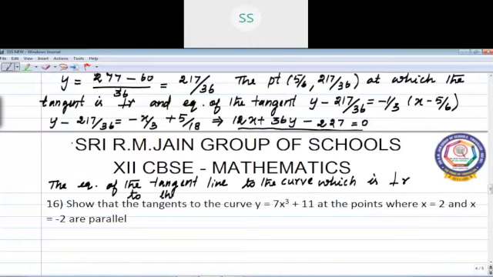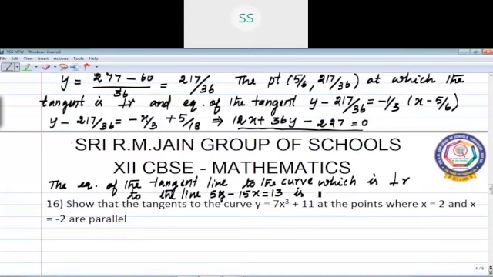What line is it? 5y minus 15x equal to 13 is what you found here.